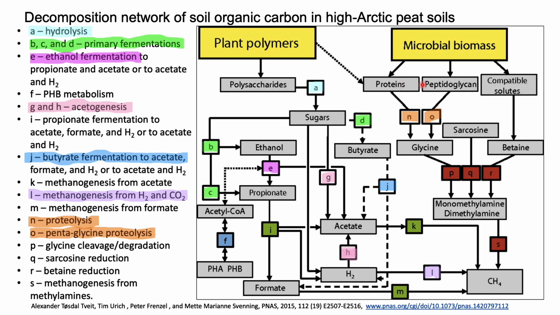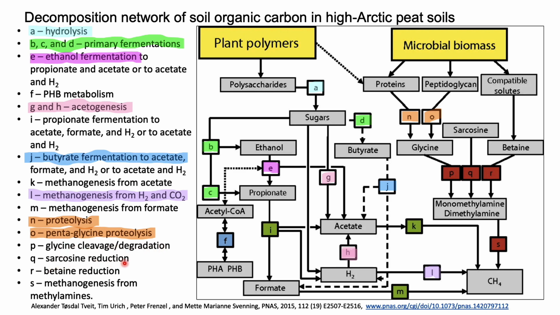Similarly, we can look at the proteins and the peptidoglycan. They undergo reactions N and O. So what are N and O? Proteolysis and pentaglycine proteolysis are the two reactions that lead to formation of glycine, which is the simplest amino acid. And this undergoes various reactions like P, Q and R. P and Q are glycine cleavage and degradation, that is the first stage.